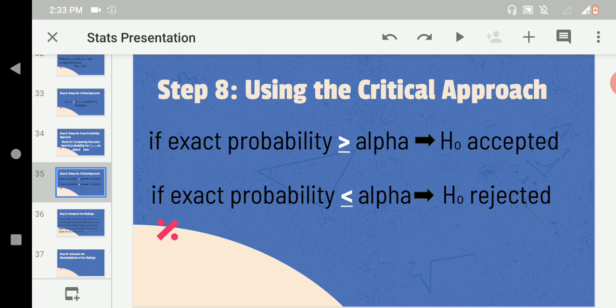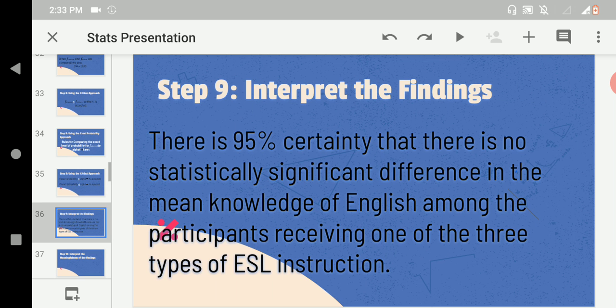It is the p-value, 0.785. So if exact probability is greater than alpha, it means we have to accept the null hypothesis. So they have the same result, using the critical approach and using the probability approach.